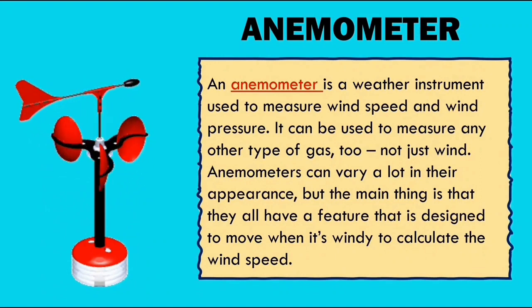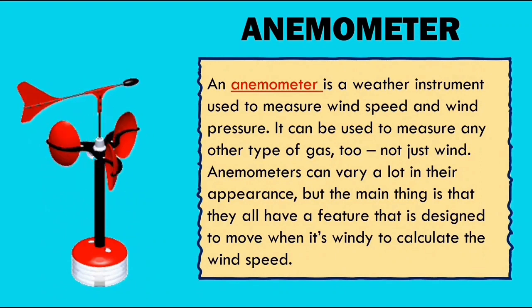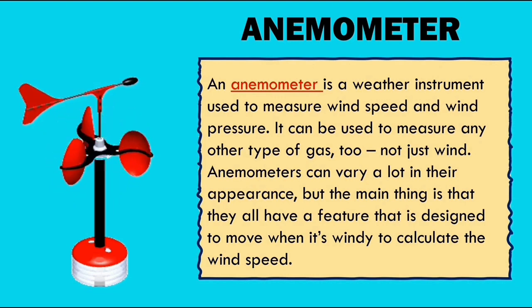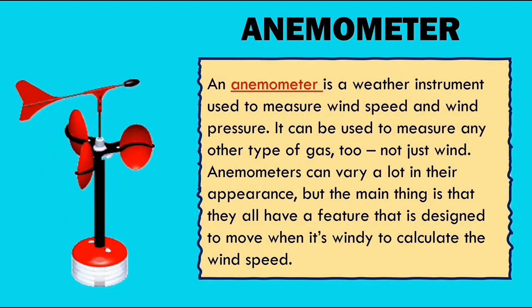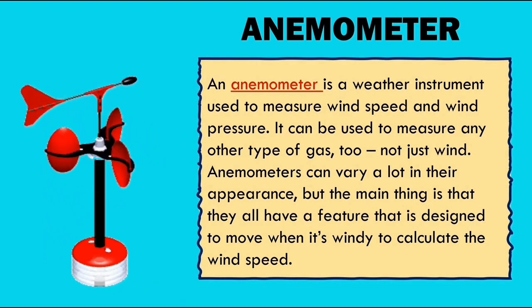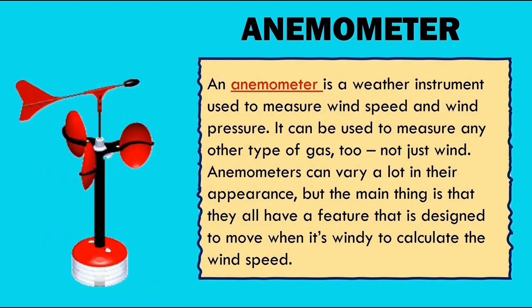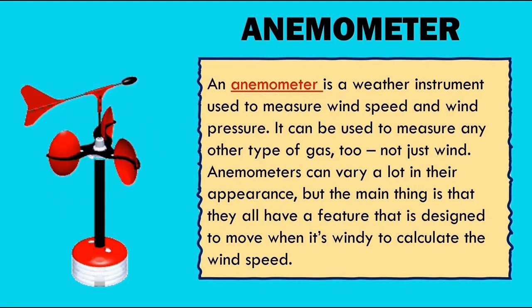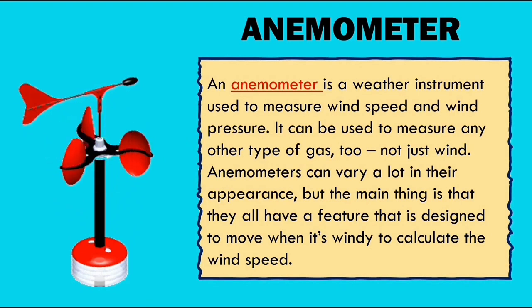An anemometer is a weather instrument used to measure wind speed and wind pressure. It can be used to measure any other type of gas too, not just wind. Anemometers can vary a lot in their appearance, but the main thing is that they all have a feature that is designed to move when it's windy to calculate the wind speed.